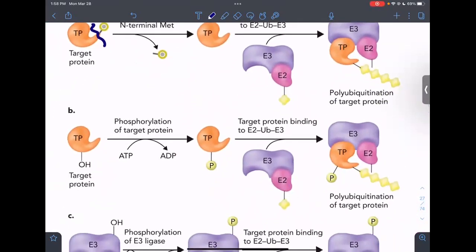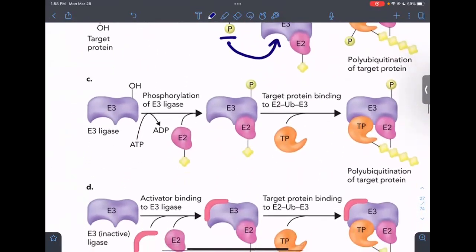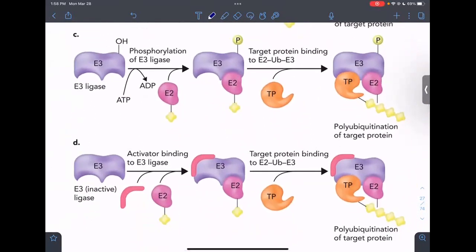Also on a target protein, there can be phosphorylation. If you phosphorylate a particular residue in the target protein, then that target protein will go to the E3 ligase, get ubiquitinated, be degraded. The other way that you can regulate this is through the E3 complex. You can actually phosphorylate the E3 complex to make it more active or more receptive to a certain target protein.